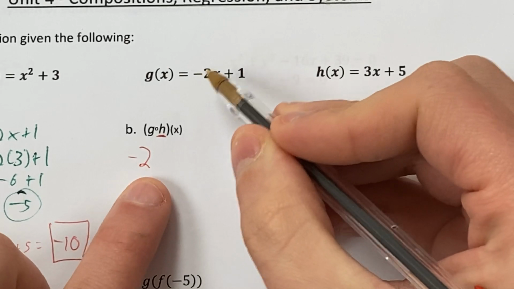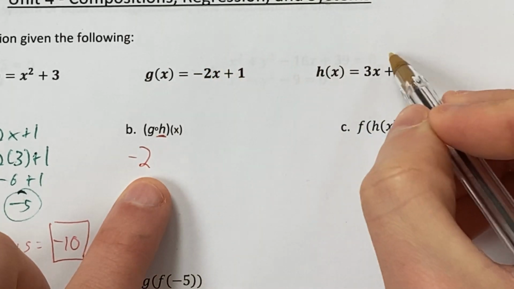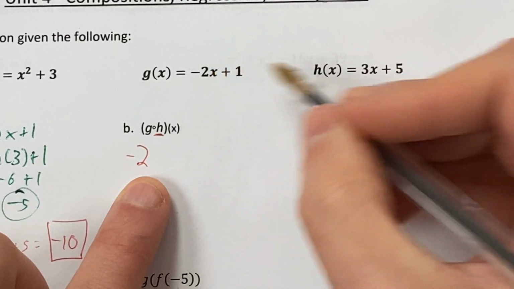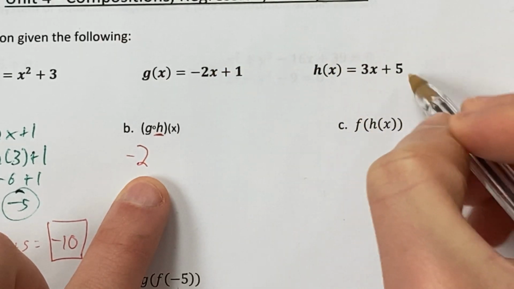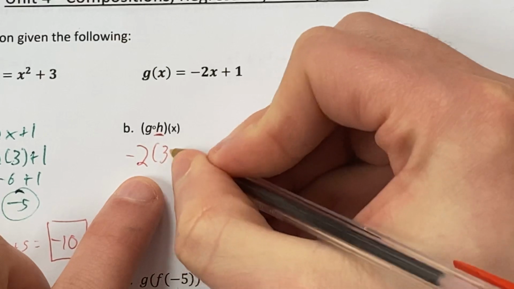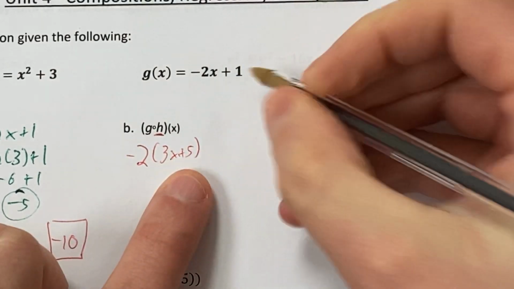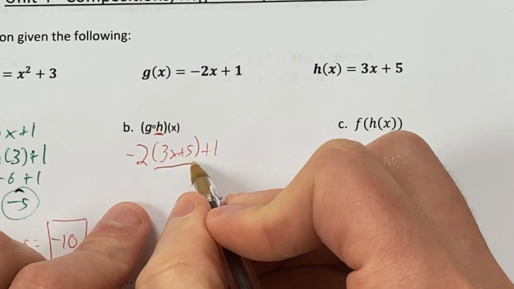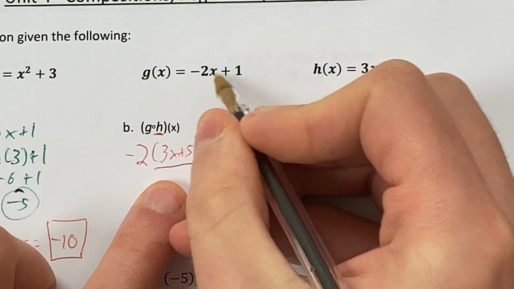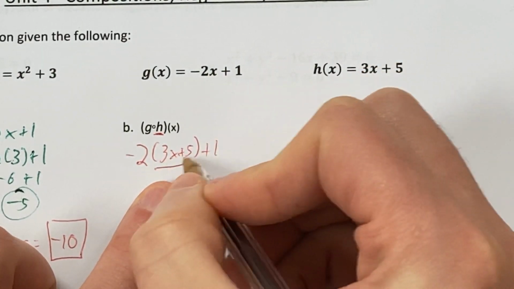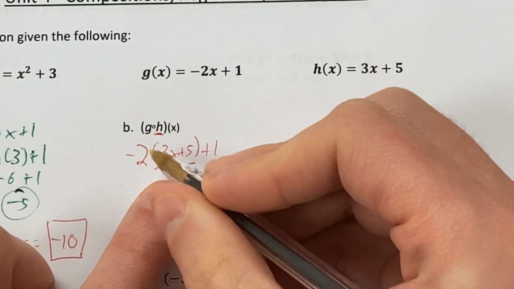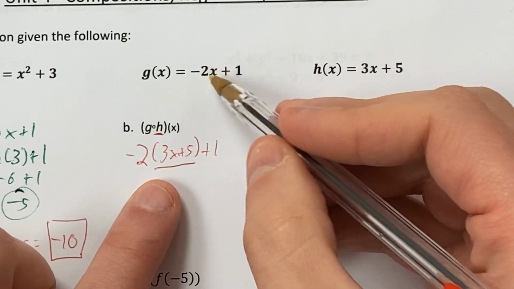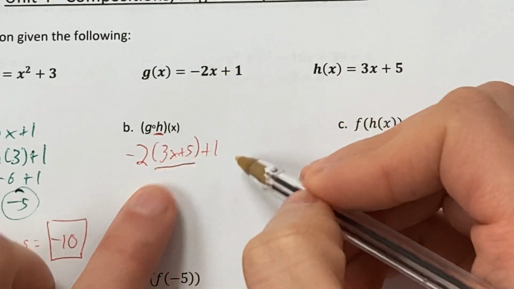So instead of negative 2 times x, you're going to substitute this in over there. Negative 2 times 3x plus 5, and then plus 1. So this is taking the place of x. It used to be negative 2x. Now it's negative 2 times 3x plus 5. Start with g, negative 2, this thing, plus 1.